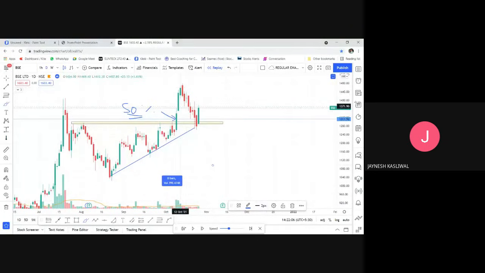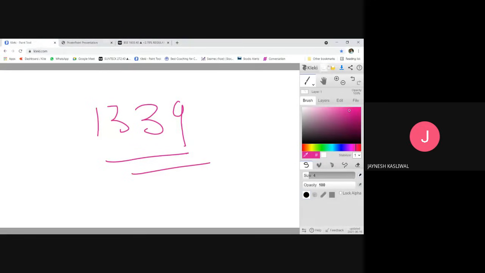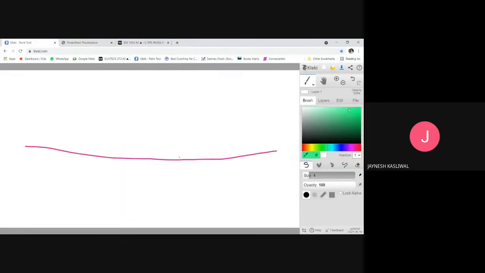What does retest mean? Retest means whenever a stock breaks out from a resistance area, after moving off 2-3 candles, it will again come back to this resistance area to take support, to check the strength of the support.